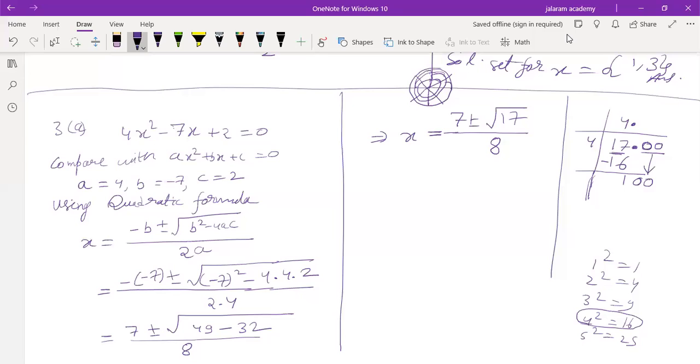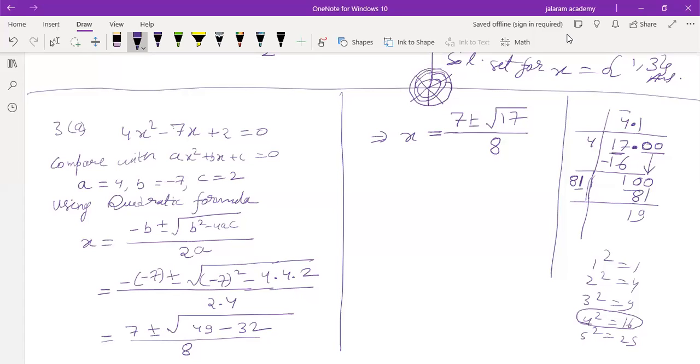So it is now 100. Now 4 twos are 8. The quotient is 4 and its double is 8. So 8 ones are 8, and 8 twos are 16 will be greater. So if we write 1 in the quotient, we have to write 1 after this 8 also. So 81 ones are 81, remainder is 19.